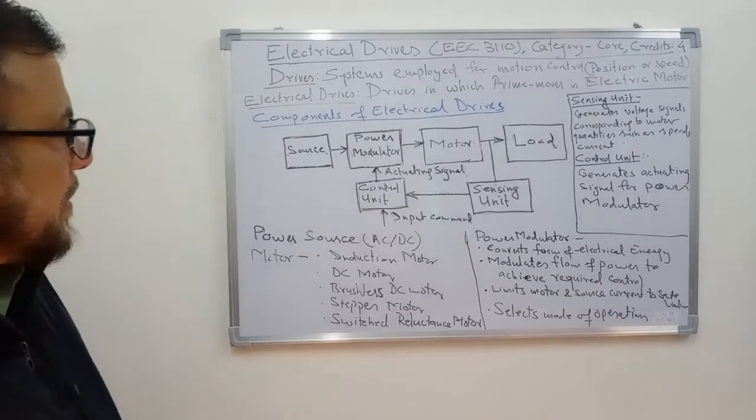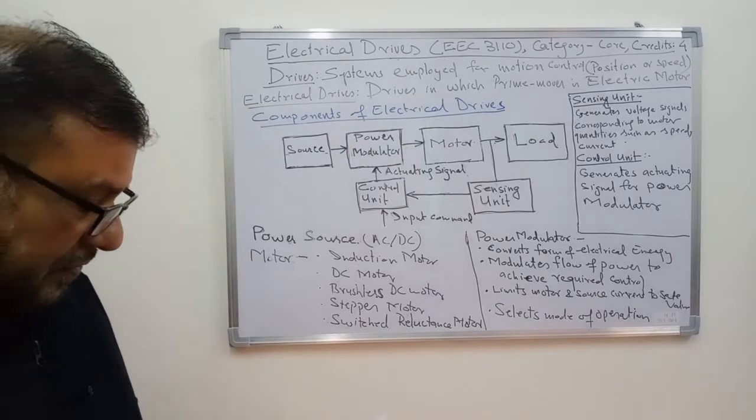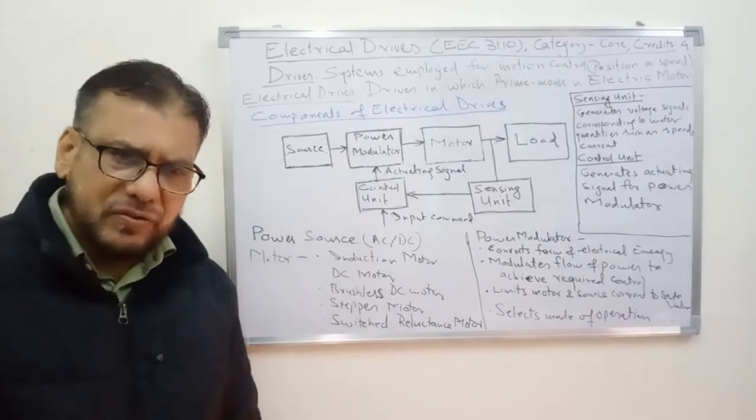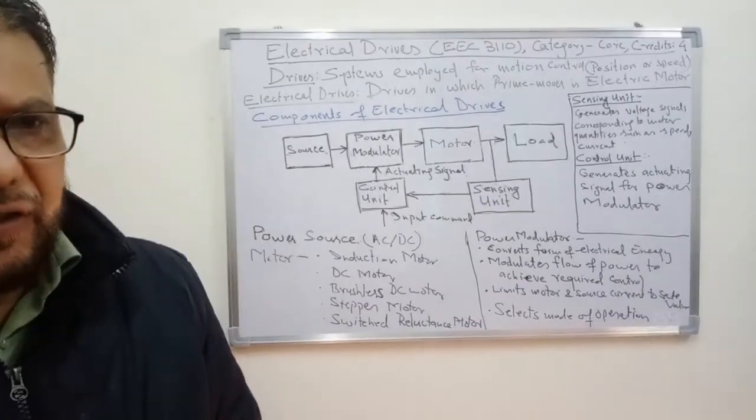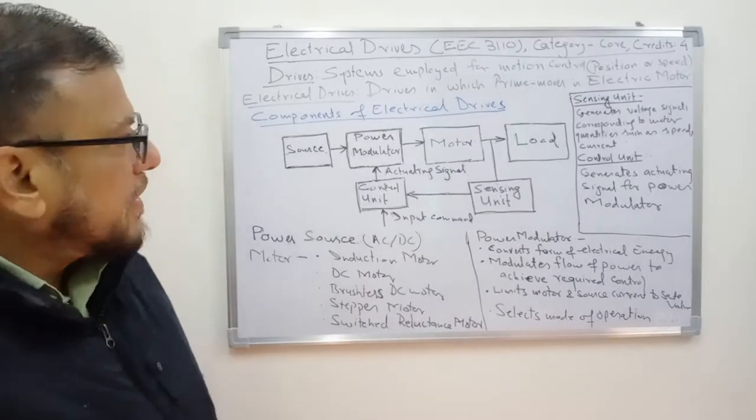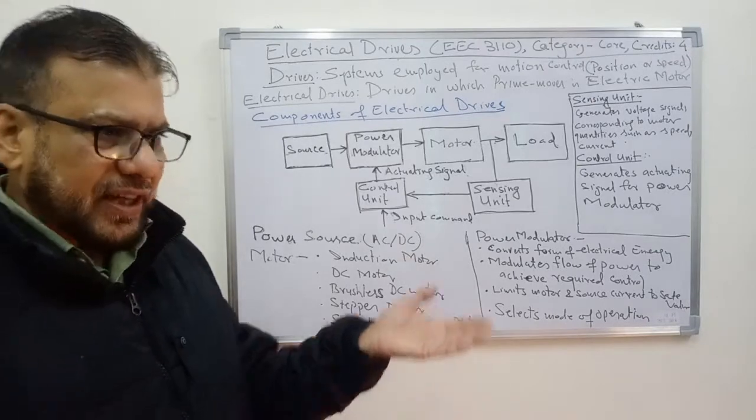Second unit will be on DC drives. In this we shall discuss the various types of DC motors. You already studied in your previous courses of earlier semesters the DC motor and its characteristics.